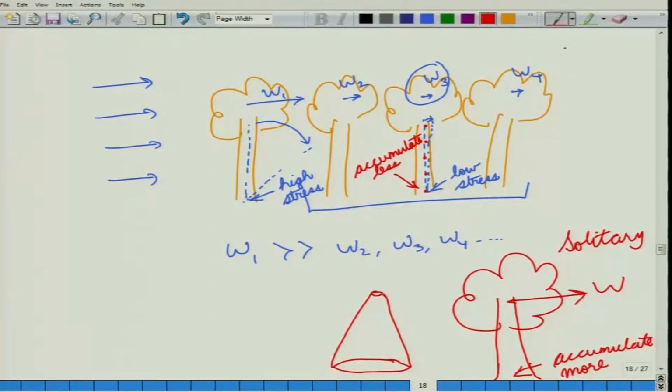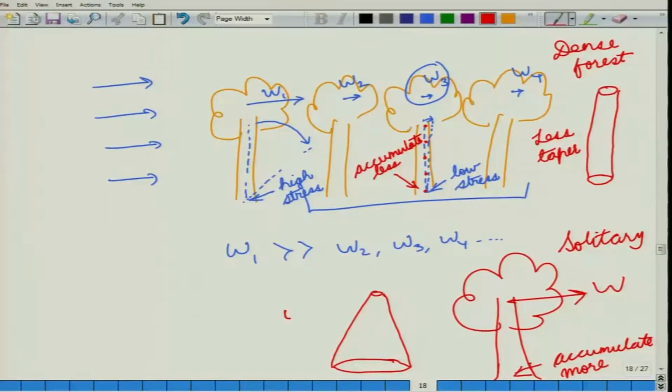But in the case of a dense forest, you would have very little accumulation here and very little accumulation here. So, essentially you will have a more cylindrical bole. This will have less taper and this will have more taper.